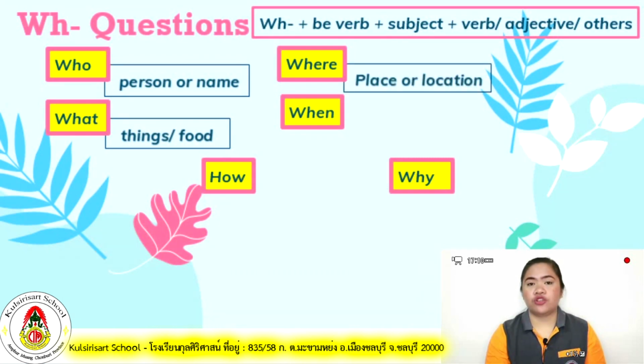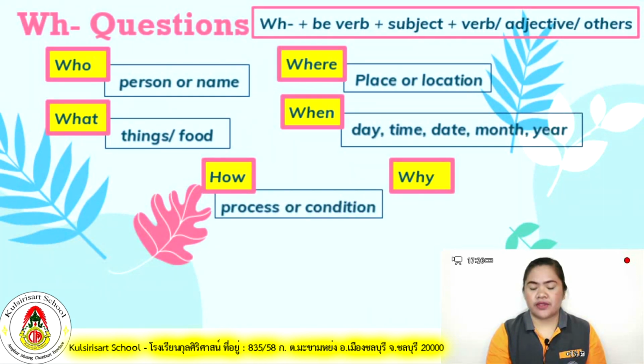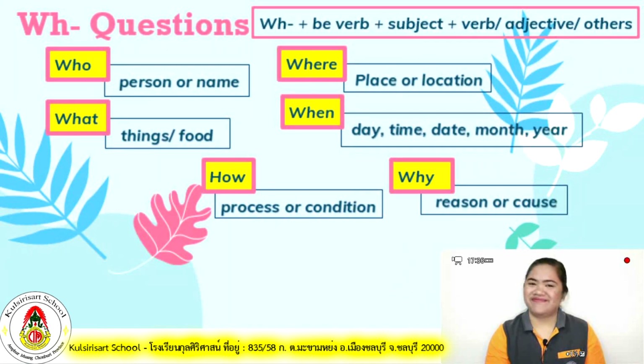We ask about place or location. And when? It should ask about the day, date, month, and year. And how about how? It asks about process or condition. And when we talk about why, it asks about reason or cause.